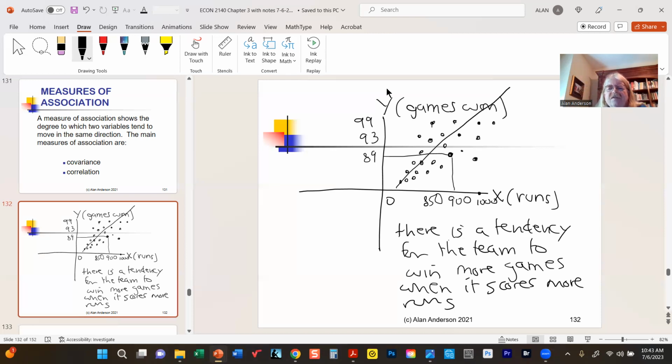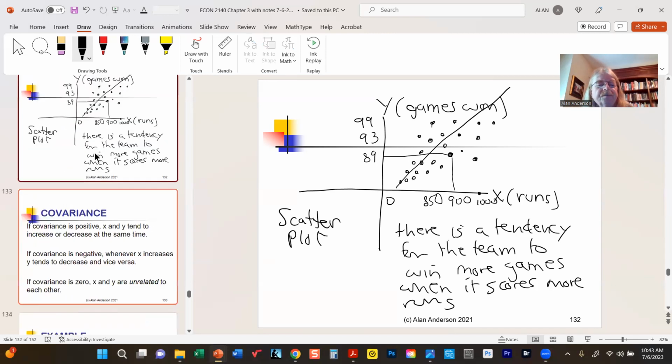This type of graph is commonly used to analyze the relationship between two variables, and it's known as a scatter plot. The scatter plot is a visual tool that lets us see if there's a strong relationship, or if not. It's possible that we have two variables that are not even related to each other.